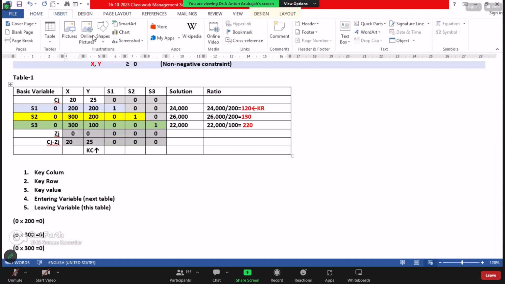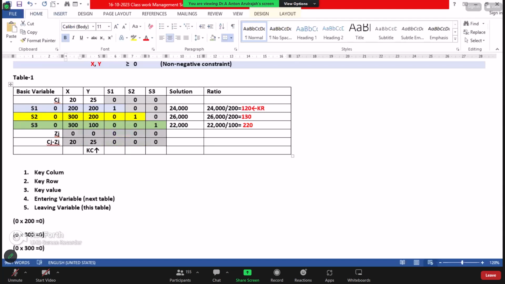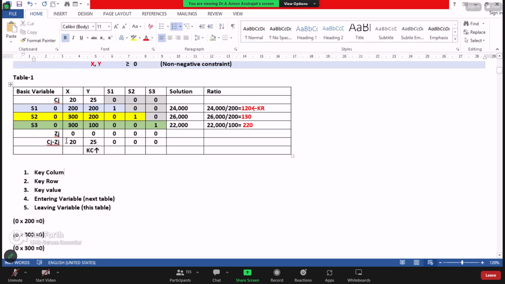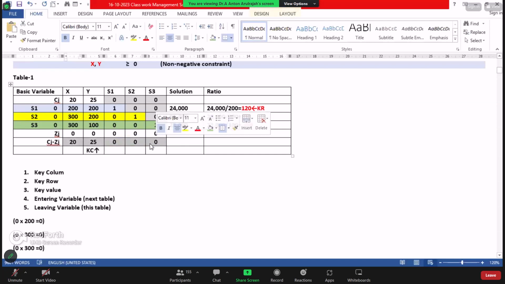We have to check how to select the key column and key row. First, for the selection of the key column, we have to look into the Cj minus Zj values, which is the largest positive one. Therefore, that is 25. Then you have to consider this 25.